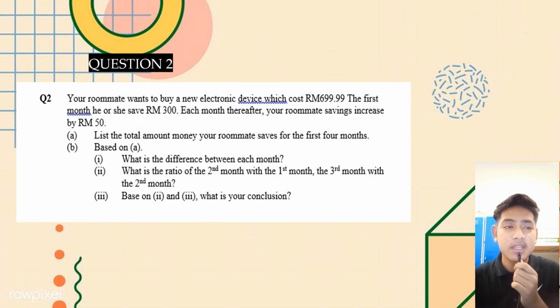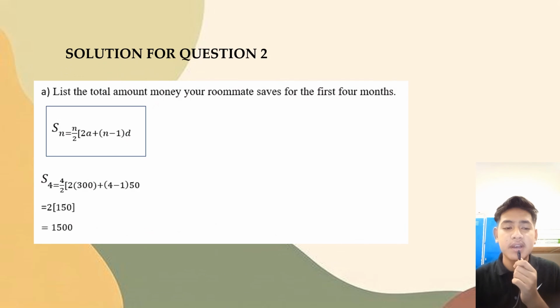The question is, your roommate wants to buy a new electronic device which costs RM699.99. The first month he or she saves RM300. Each month thereafter, your roommate's saving increases by RM50. The formula we use to answer this question is Sn equals n over 2 bracket 2a plus bracket n minus 1 multiply d.